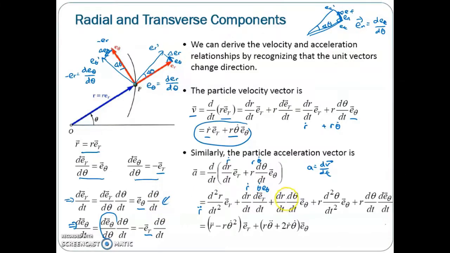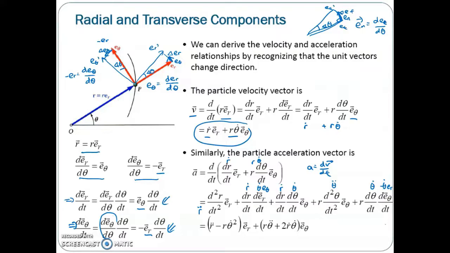Then we have our dr dt is r dot, d theta dt is theta dot. Then we have d2 theta dt squared is theta double dot. Then we have our d theta dt is theta dot. de_theta dt is what we have from here, which is equal to theta dot e_r, but negative.